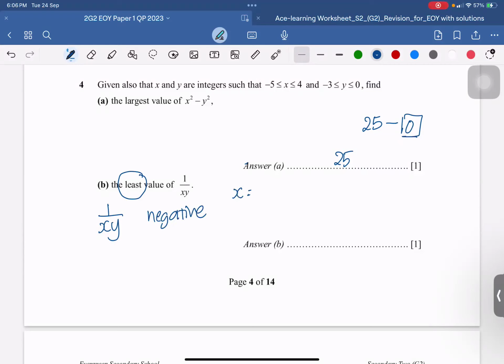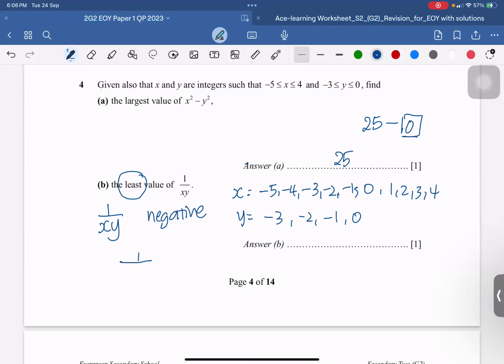Remember, my x can be -5, -4, -3, and so on. The denominator cannot be 0, so I cannot choose x to be 0. Then 1, 2, 3, 4. Then y has the numbers -3, -2, -1, 0. So what I choose, I want it to be negative. There are many different combinations I need to try.